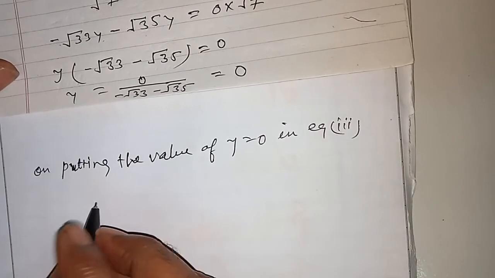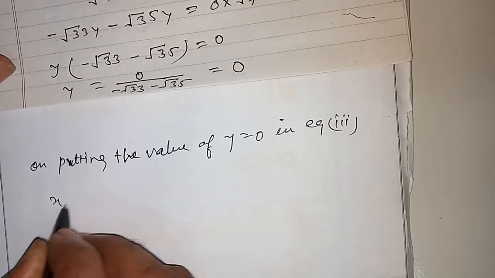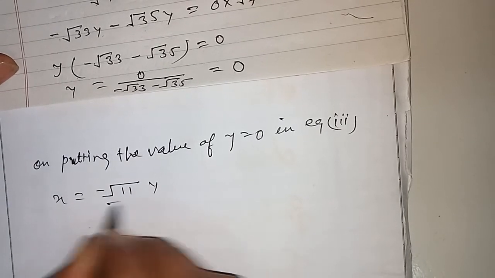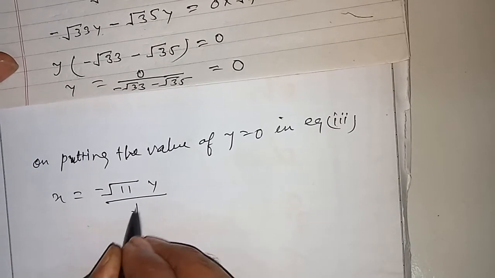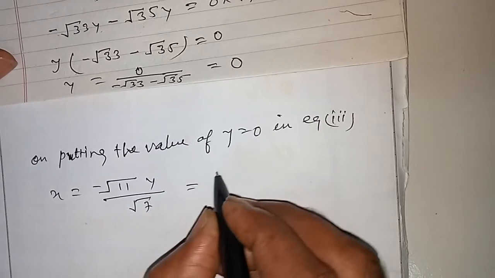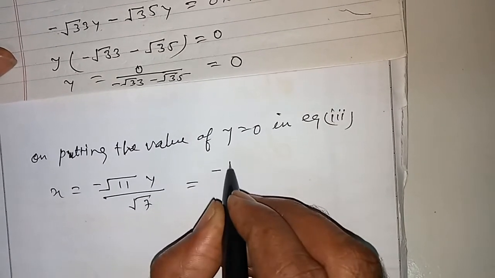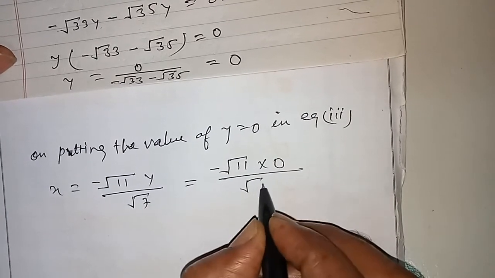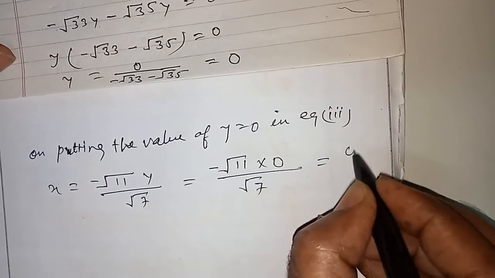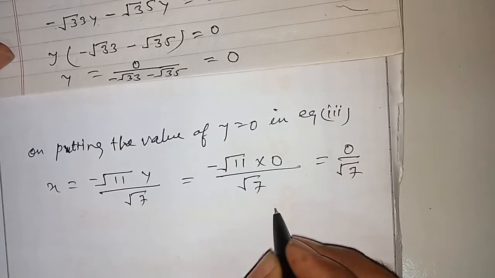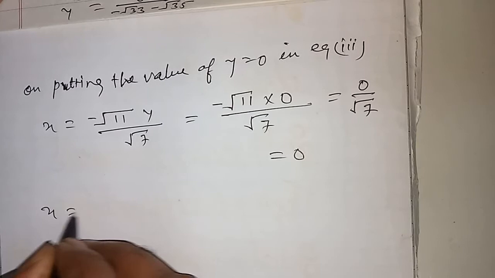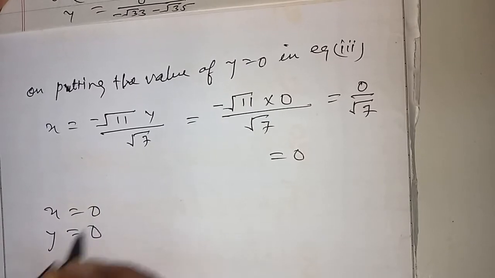Third equation is x is equal to minus root 11y upon root 7. So at the place of y we put 0 upon root 7. We get 0 upon root 7 is equal to 0. Hence the value of x equal to 0 and value of y equal to 0.